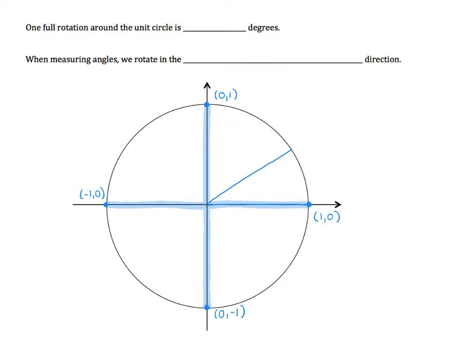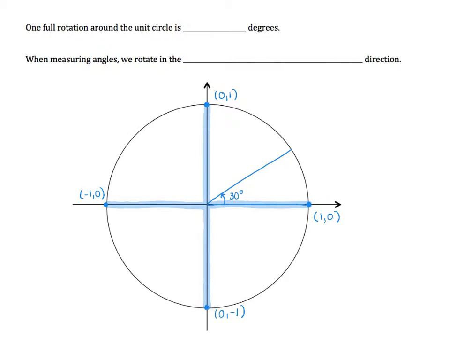We started in standard position, and we rotated this way, so this way right here, to open up to an angle of 30 degrees. So that's an important thing to note. If I tell you that we rotate 30 degrees, I mean 30 degrees in the counterclockwise direction.